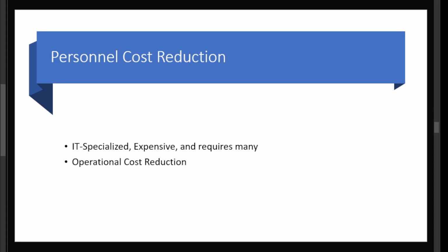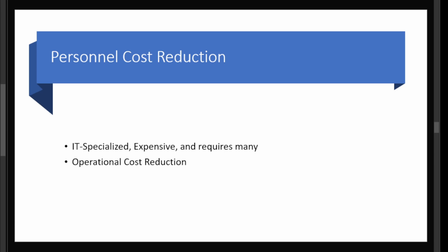We'll go a little bit more in depth on personnel cost reduction. IT are specialized and expensive personnel. It's not a baseline skill, so they will need to be paid more than a lot of employees. They also are not profit-gaining employees, so they're not going to be out there getting returns on their labor.